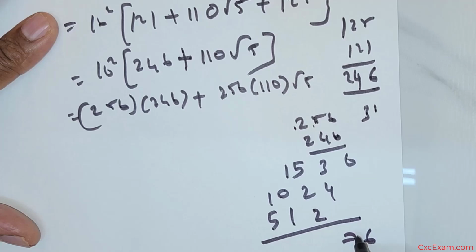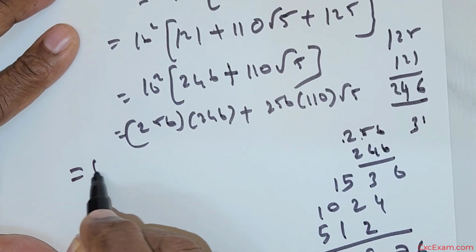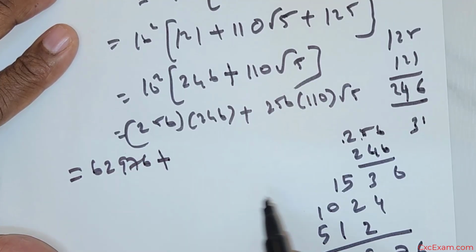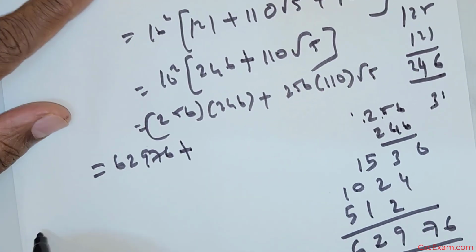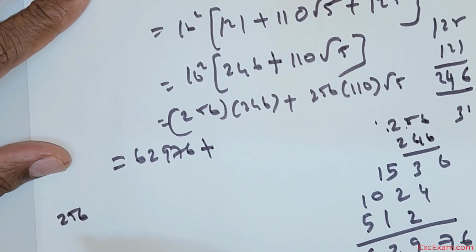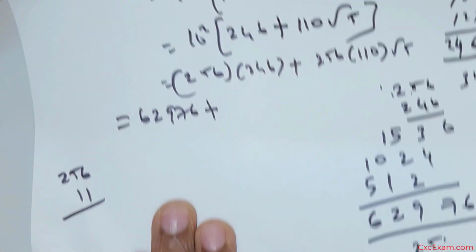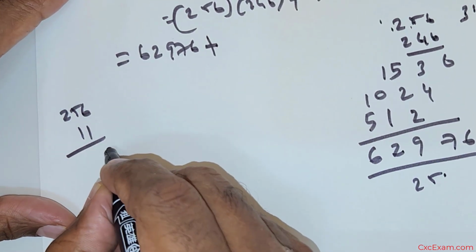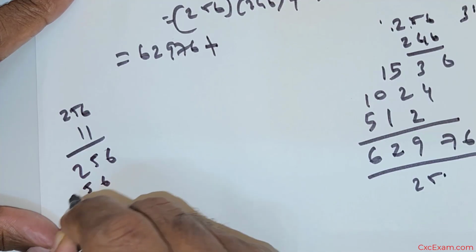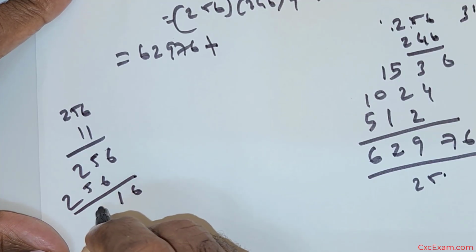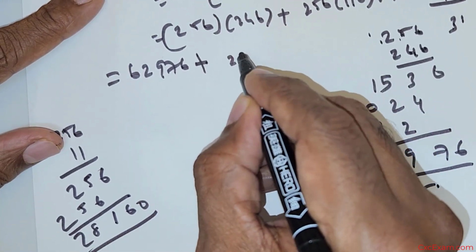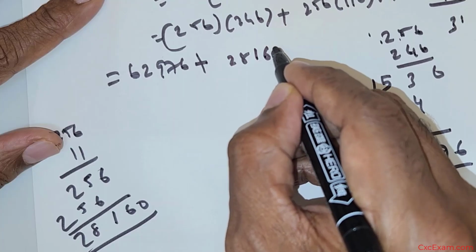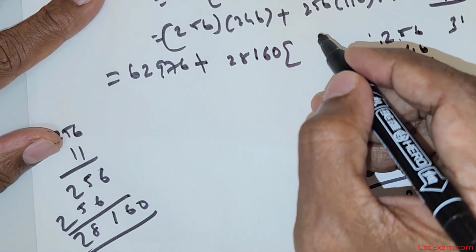You add up the digits. So over here, 256 multiplied with 11 is 2816, so this is 28160 multiplied with root 5.